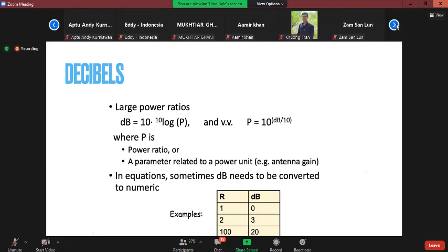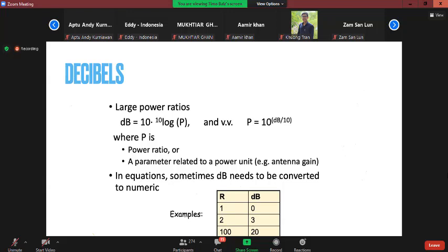Now, what you need to know about it is that depending on the data you have or the software you use, it may give you the dB, the decibel scaling in the image, right? But on the other hand, for many equations, we need numeric scaling, right?